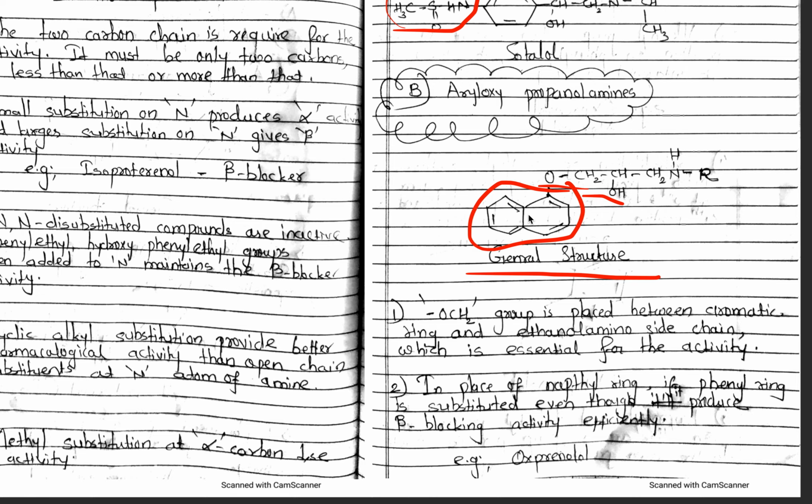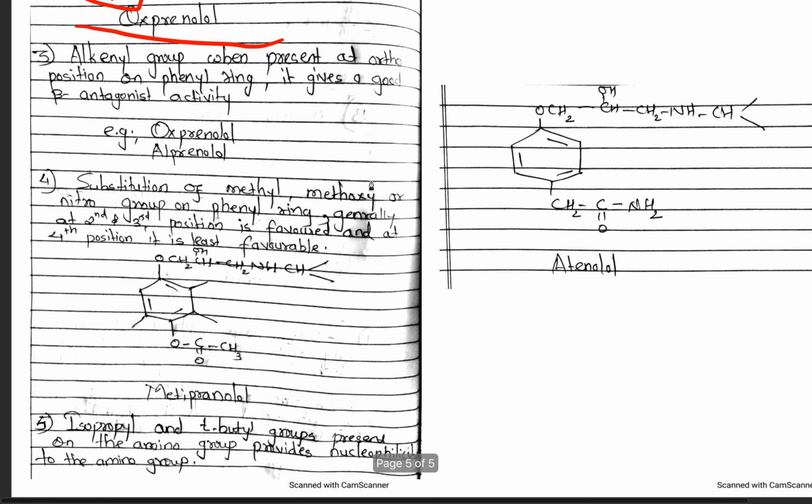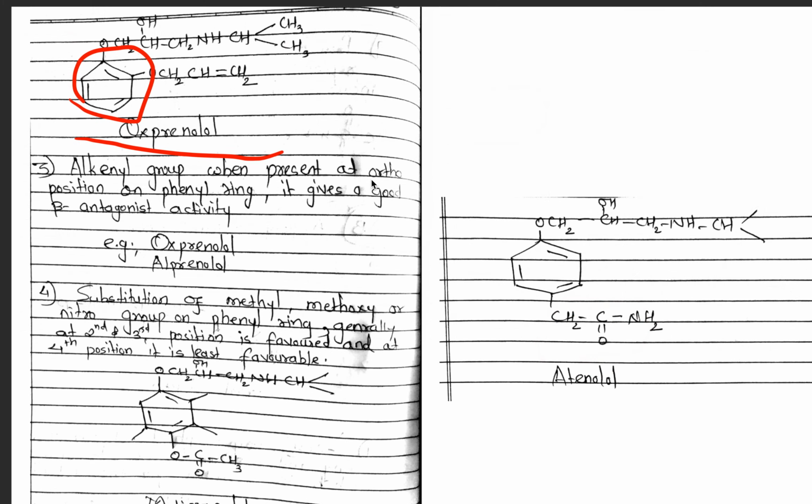We can see the same example of oxprenolol. Here you can see at the ortho position there is a substitution which gives a good antagonist activity, specifically a beta antagonist activity. Another example of that is alprenolol. You can see the structure later on.